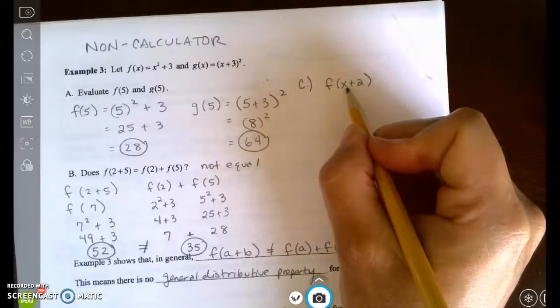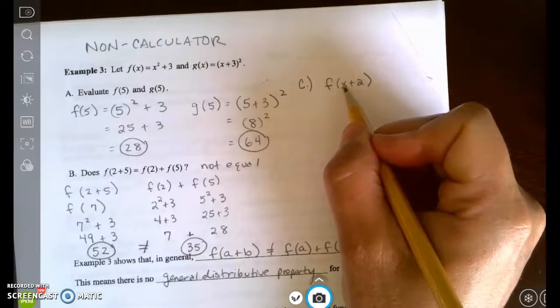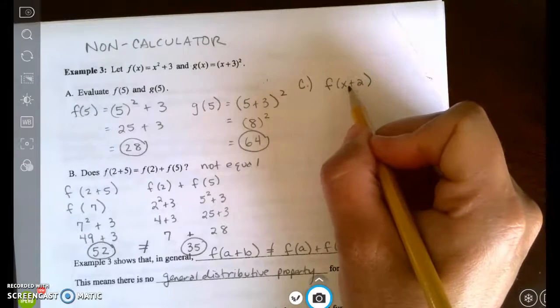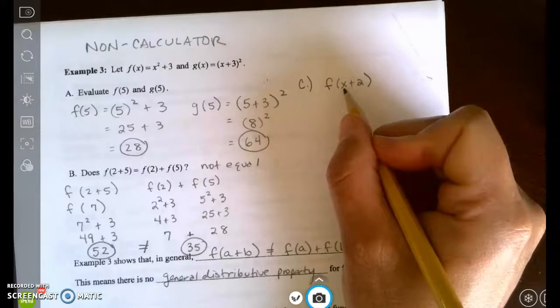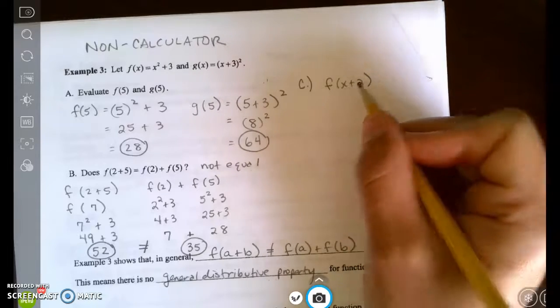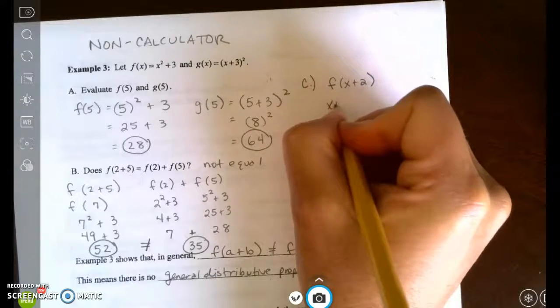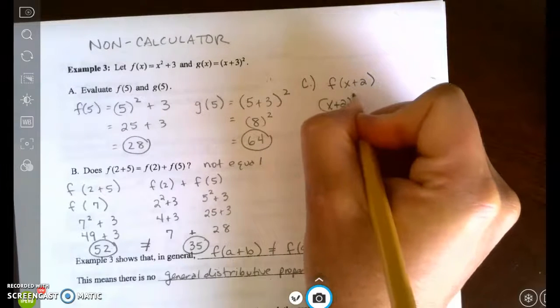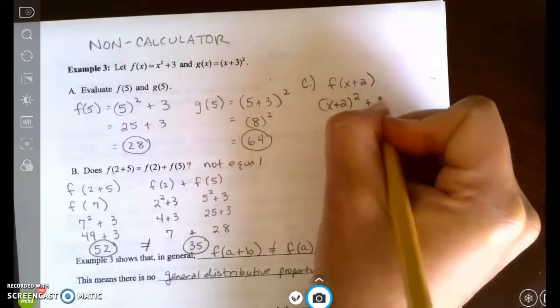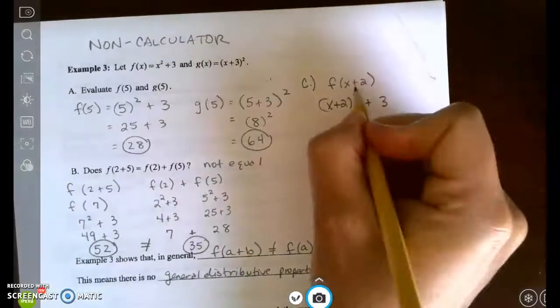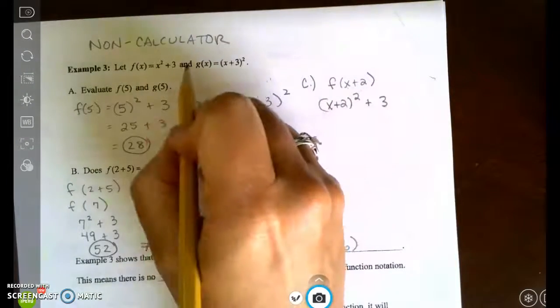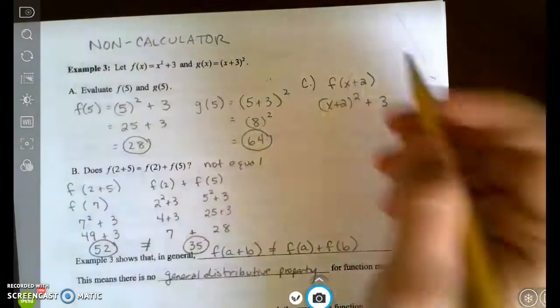So in this example, we're not just putting a number into the f function, we're putting a quantity that has a variable in it, x plus 2. So I'm going to put x plus 2 in parentheses and square it, and then add 3. So I'm putting x plus 2 into the f function.